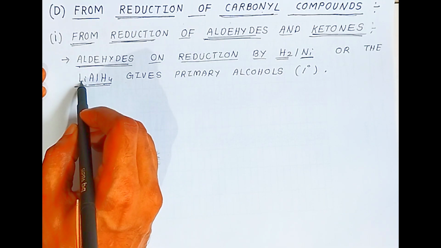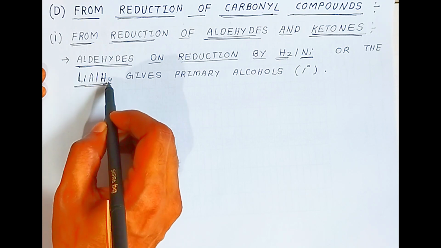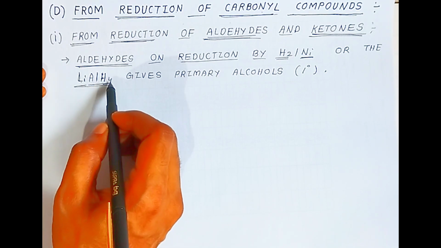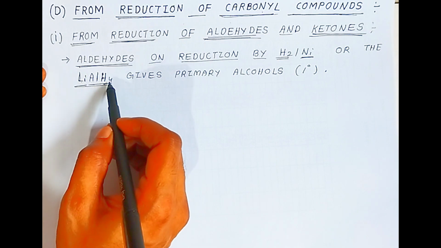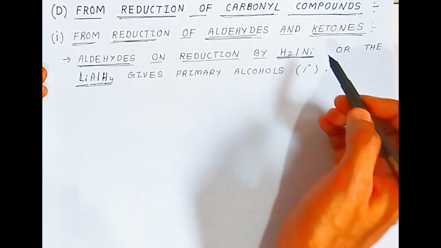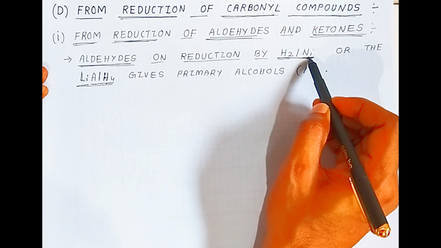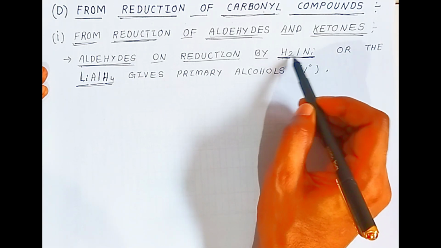Li stands for lithium, Al stands for aluminum, and there are 4 hydrogens, we call it lithium aluminum hydride. Understanding, students? So the reagent is lithium aluminum hydride, or hydrogen in presence of nickel. This is how you are going to read it, students: hydrogen in presence of nickel.